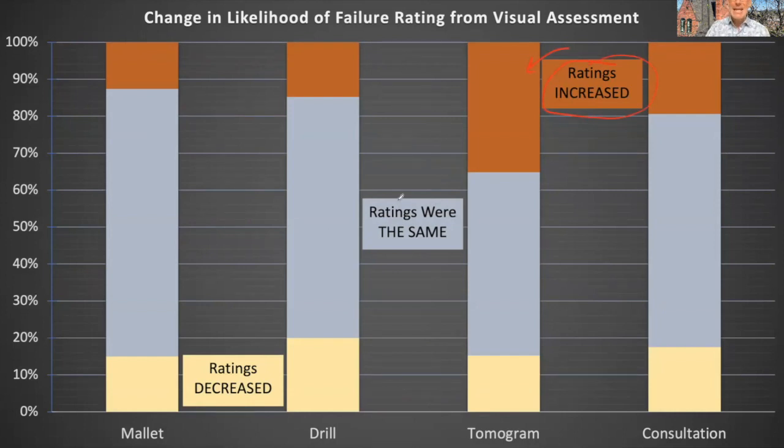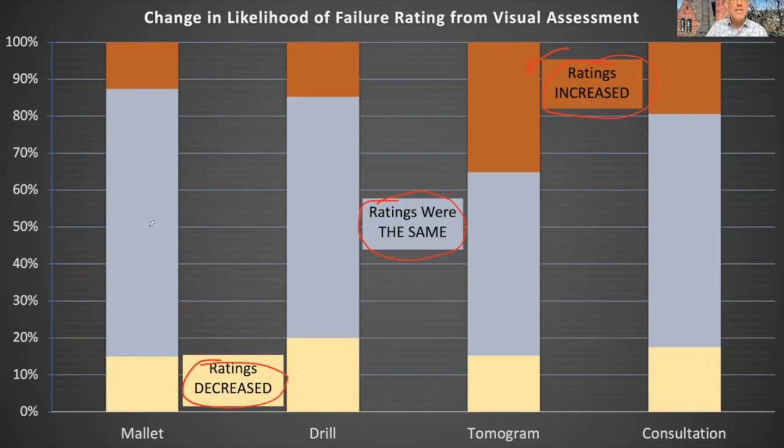And the blue-gray color indicates that ratings stayed the same. So they were not changed from the initial visual assessment. And the last, this yellowish, creamish color, is ratings that decreased or were less than the ratings from the initial visual assessment.